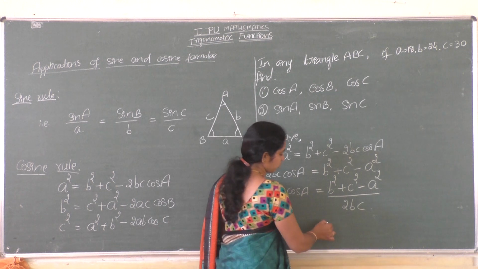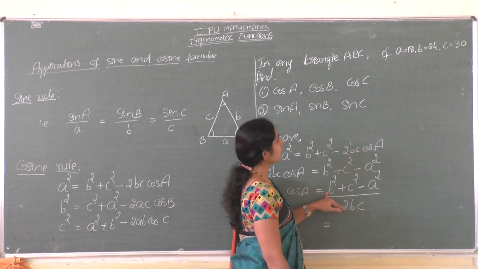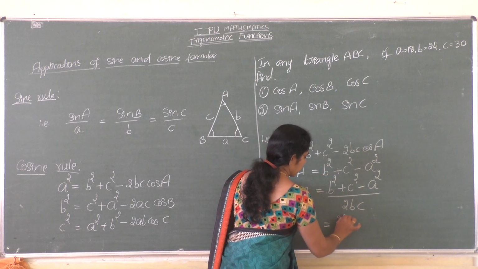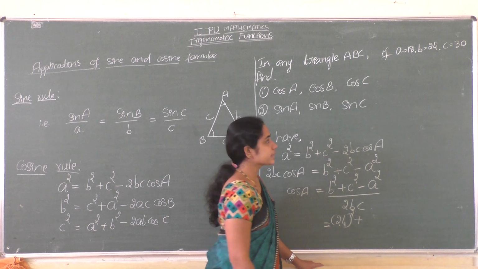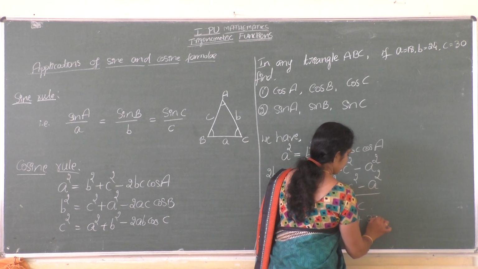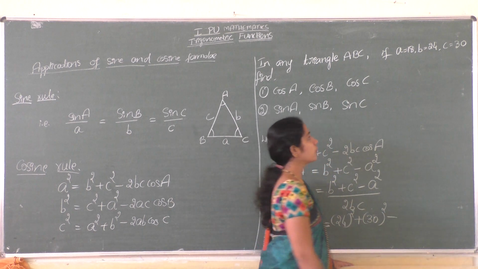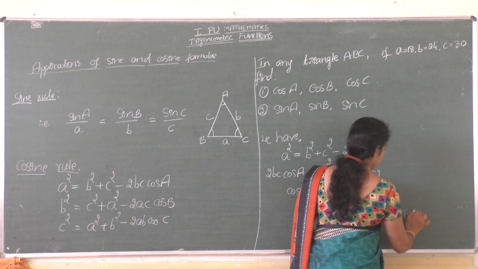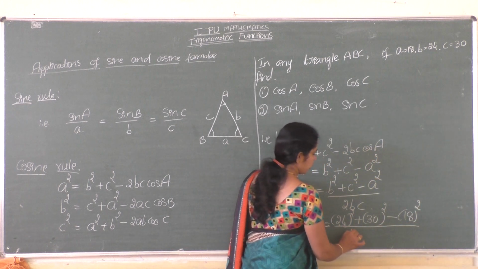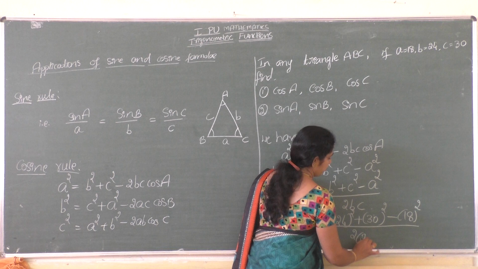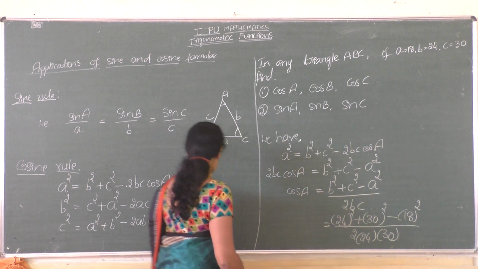Okay, let us substitute the values. What is the value of b? 24 square plus c, 30 square, minus a square, 18 square, divided by 2 into b 24 into 30.